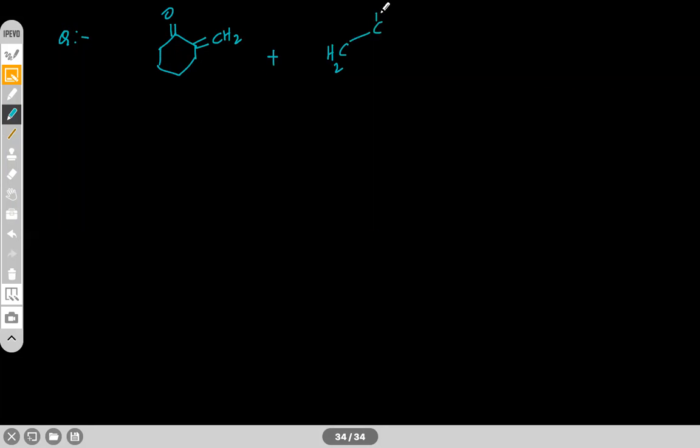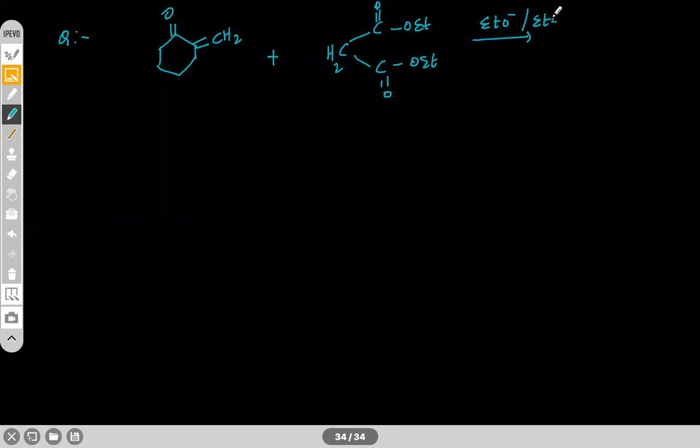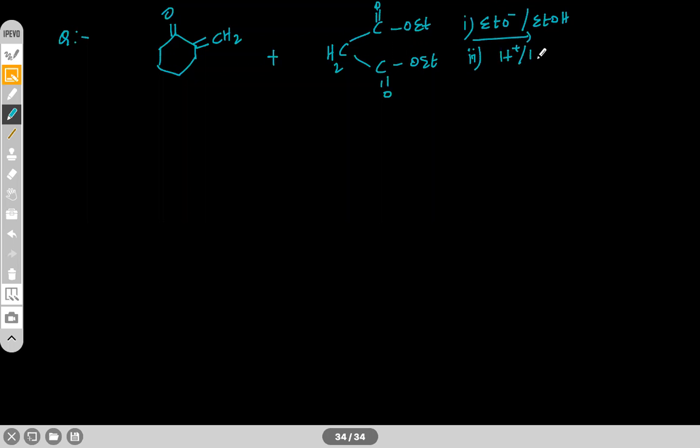So C double bond O, OET, C double bond O, OET. OET is the ester here, leaving group. So we'll take ET O minus and ET OH is the solvent here. First step. Second step, we are having H plus H2O and we are heating it.